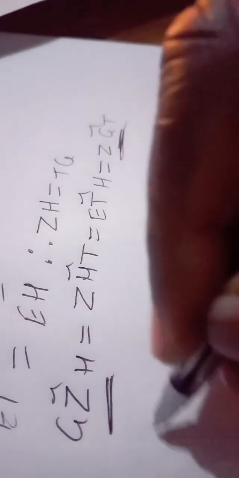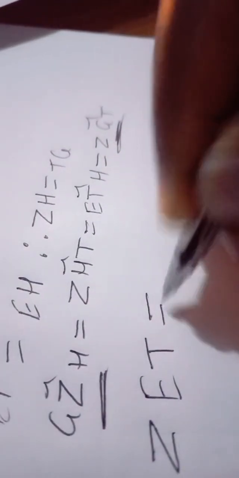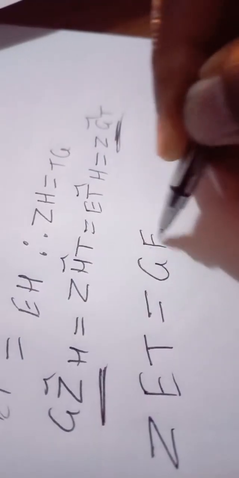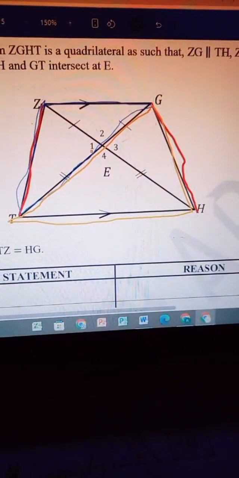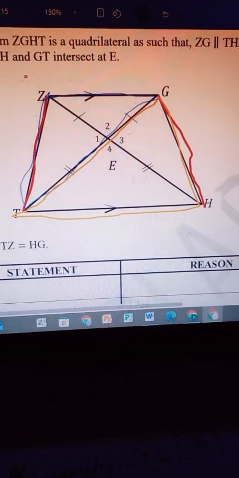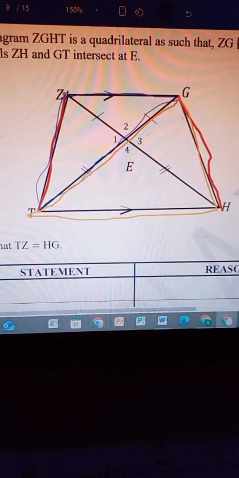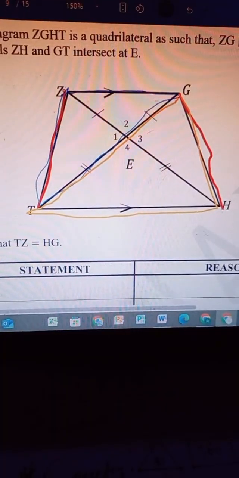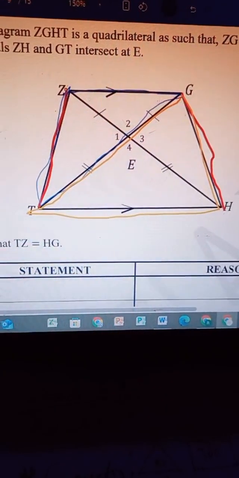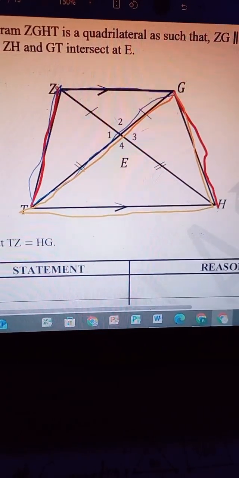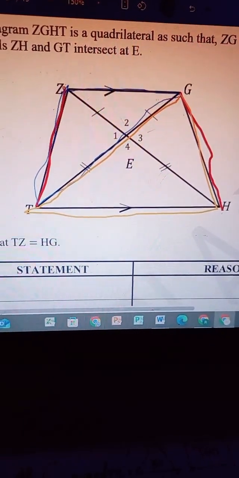Therefore, ZET is congruent to GEH. The moment we know that, these guys are congruent, that means that ZT is equal to GH.